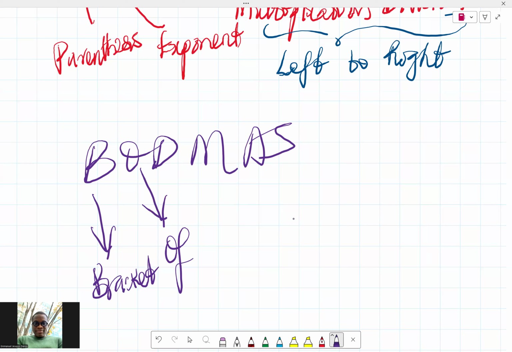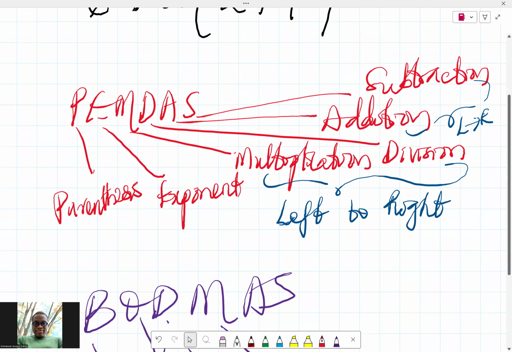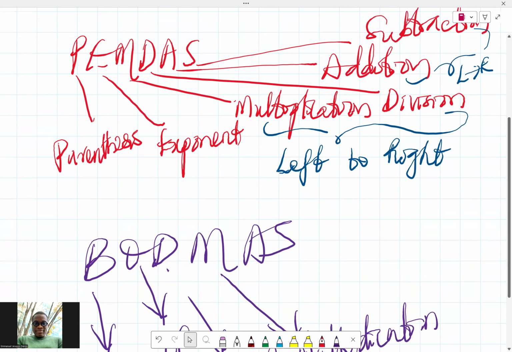So 'of' takes precedence. Again, you have division, then you have multiplication. In PEMDAS, rather, it's multiplication, division, addition and subtraction.